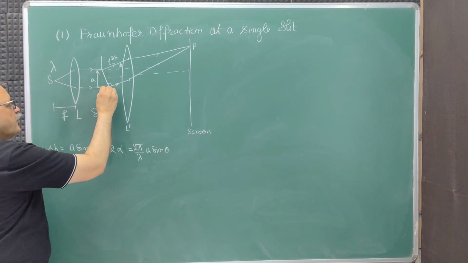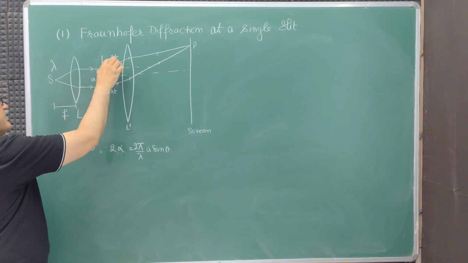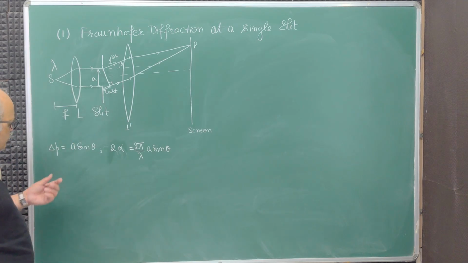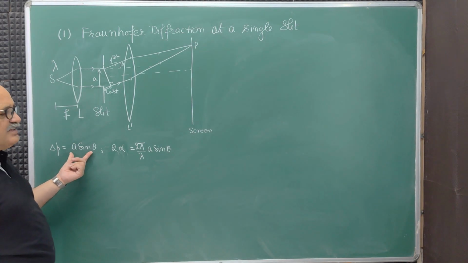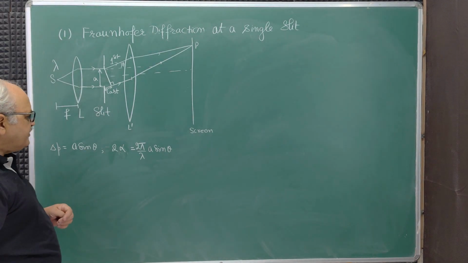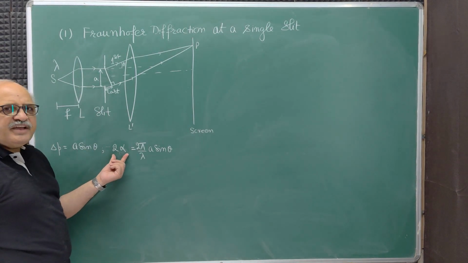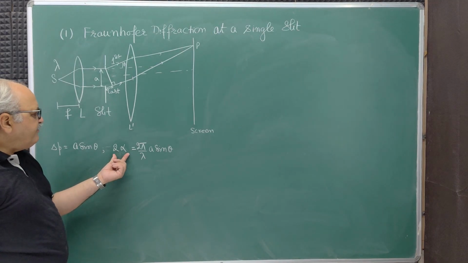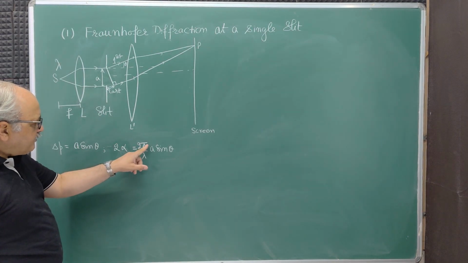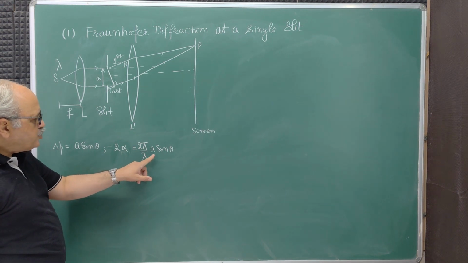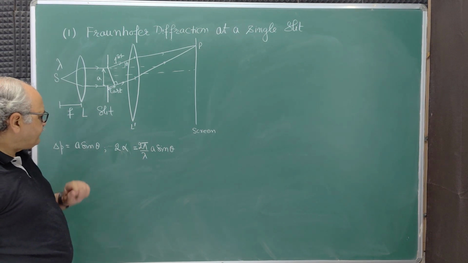We can always express it in terms of the phase difference, which we normally take as twice of alpha. Obviously, to convert it, as we have discussed in the second part, you can multiply it with 2 pi by lambda to get the phase difference.